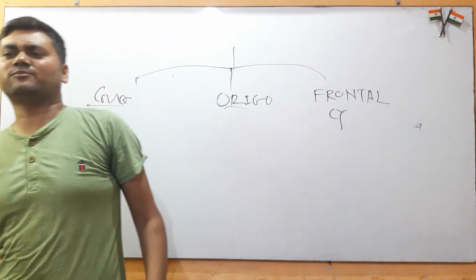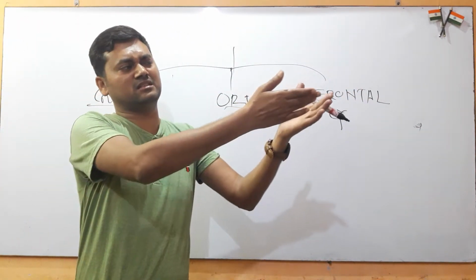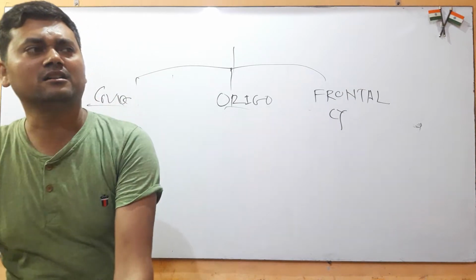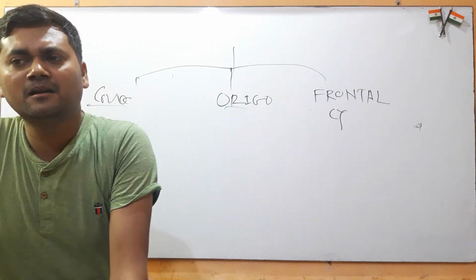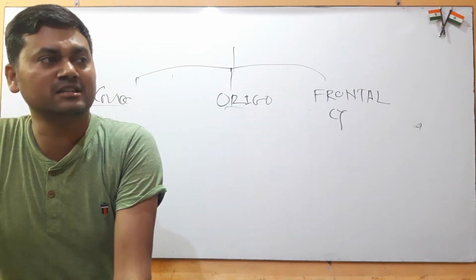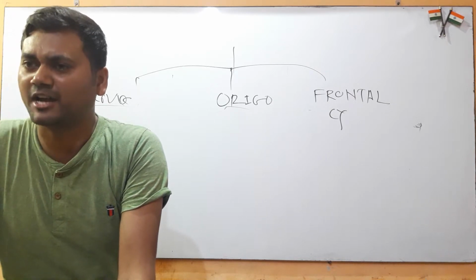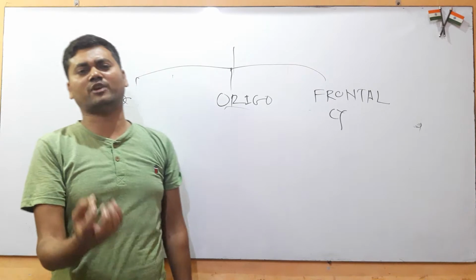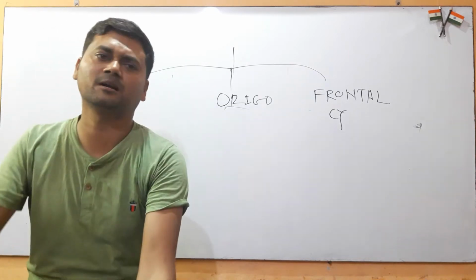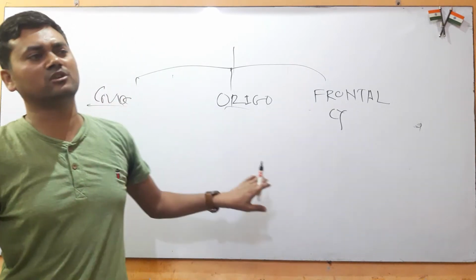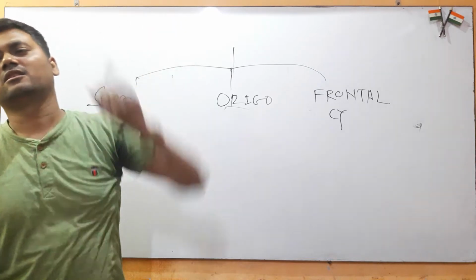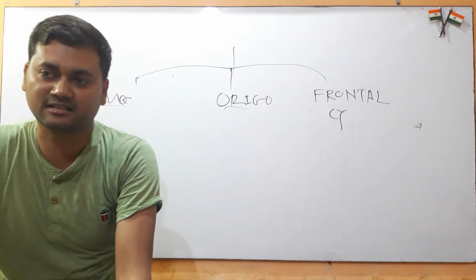Convectional rainfall mainly happens in the equatorial region, where the temperature is quite high, and once the temperature is high, the air molecules become lighter. When these air molecules become lighter, they go upward.